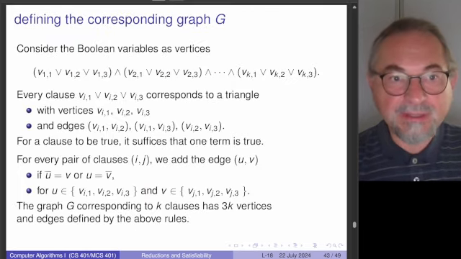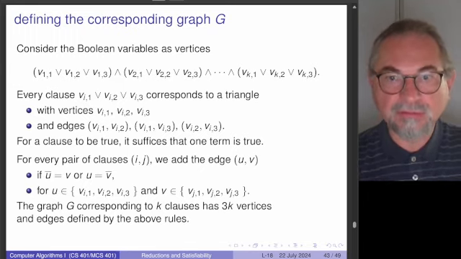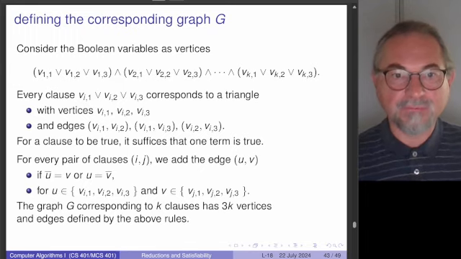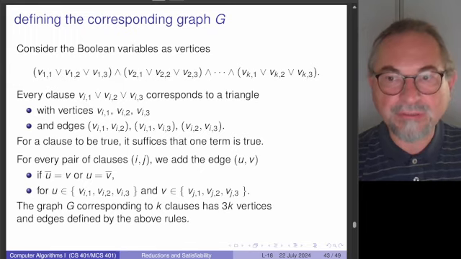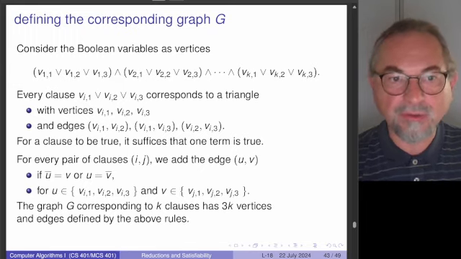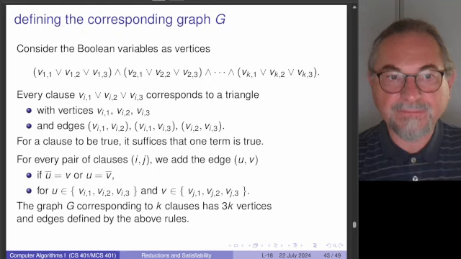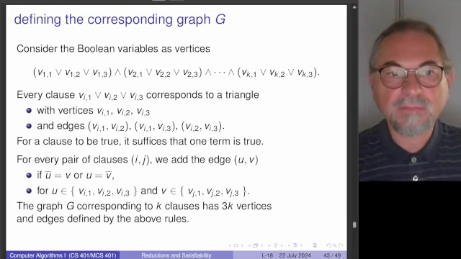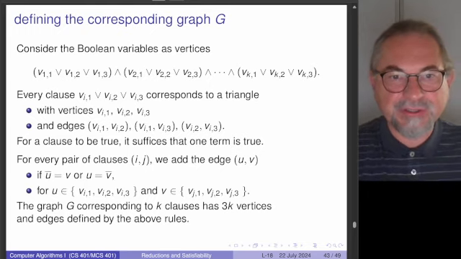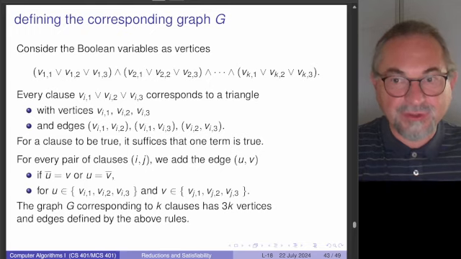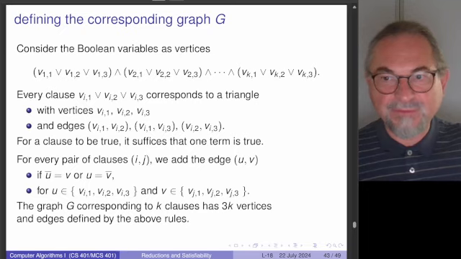Okay, formally, if you now have a general collection of clauses, then every clause corresponds to a triangle in your graph. Now I should say that the vertices in the previous graph may have confused you.